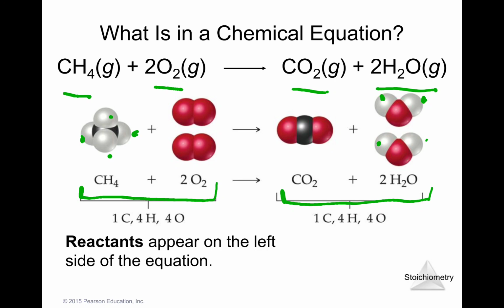We also have 1, 2, 3, 4 oxygens present in 2 molecules. Those oxygens end up 2 of them in the water and 2 of them in carbon dioxide. So overall we started out with 1 carbon, 4 hydrogens, and 4 oxygens, and we end up with 1 carbon, 4 hydrogens, and 4 oxygens.